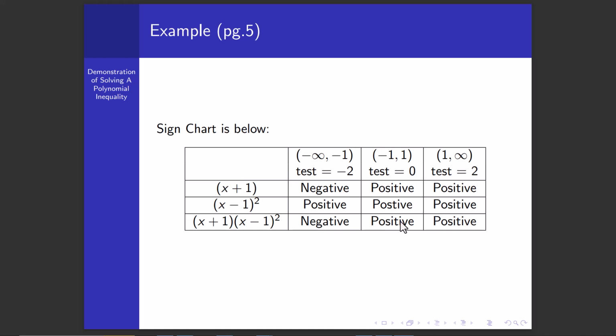So I went from negative to positive. The multiplicity told me that positive 1 had an even multiplicity, so it was going to bounce. It was not going to change sign. So as I moved across the root of positive 1, I went from positive to positive. So the multiplicity and the end behavior are telling me exactly the same thing that the sign chart is telling me in this bottom row.